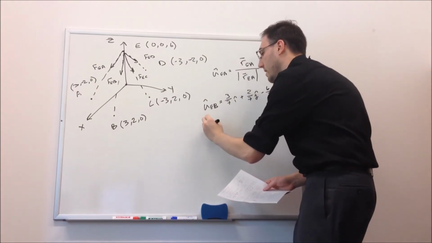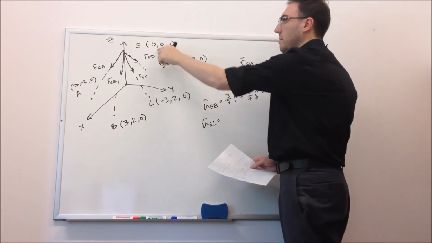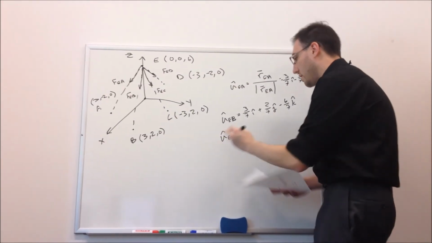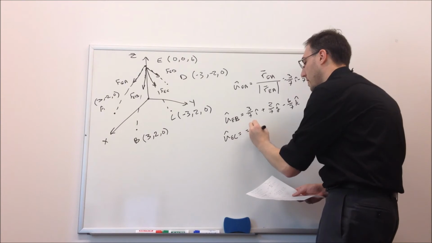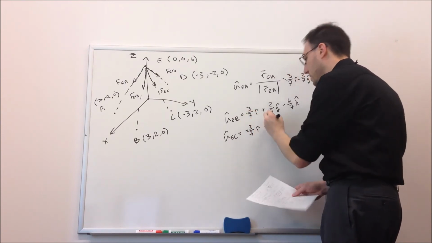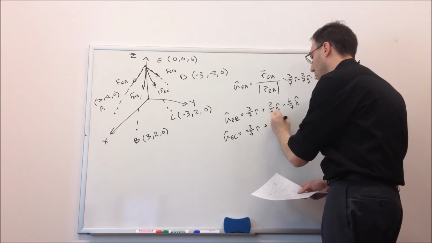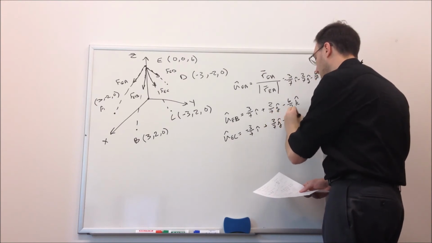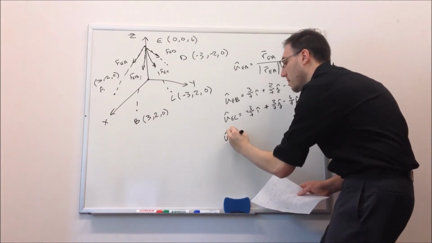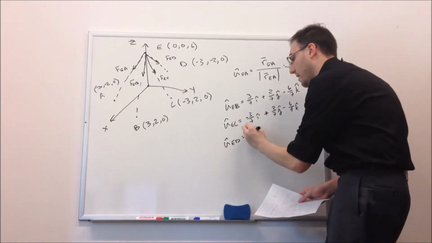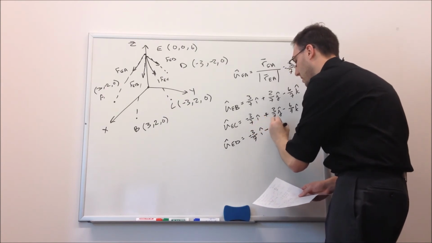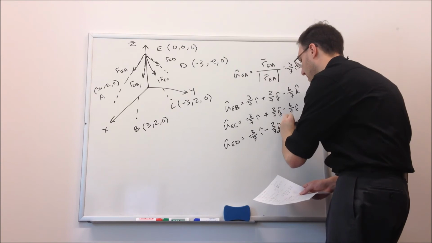Same thing for EC: C minus E divided by the same magnitude, 7, gives negative 3/7 i plus 2/7 j minus 6/7 k. And finally, U hat ED is negative 3/7 i minus 2/7 j minus 6/7 k.